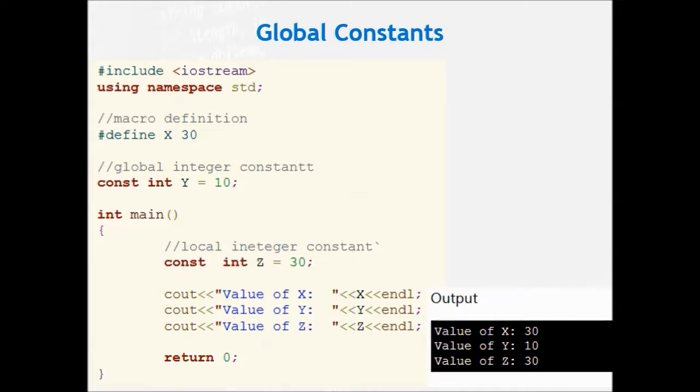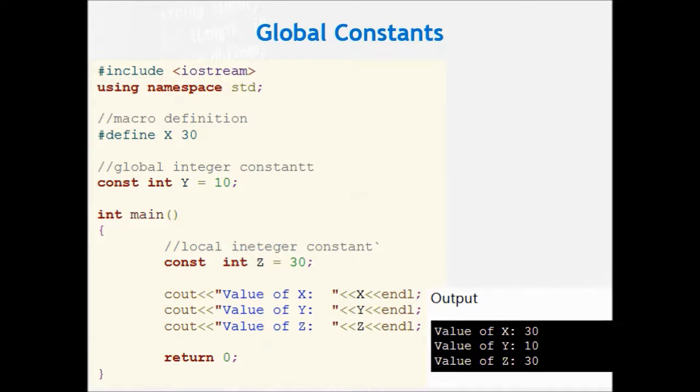Before declaring this variable y, we insert the keyword const. This const keyword makes this variable int y a global constant variable. It is global because we declare it before writing our main program or any other function.